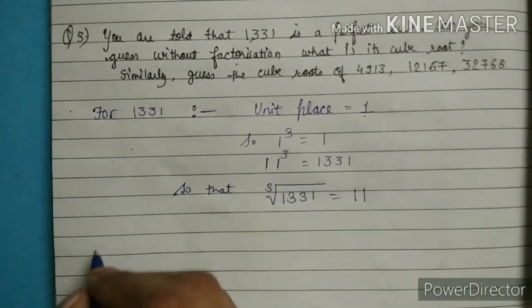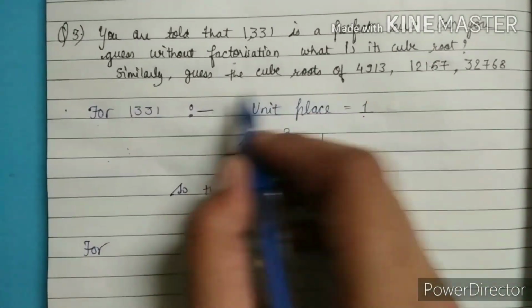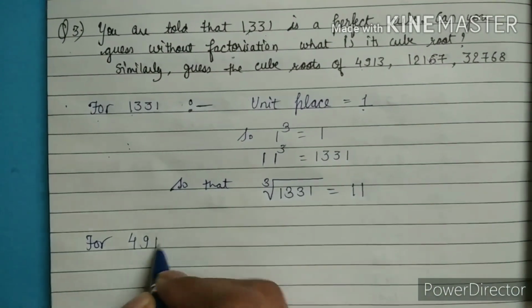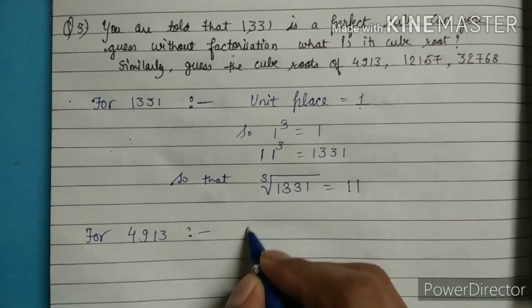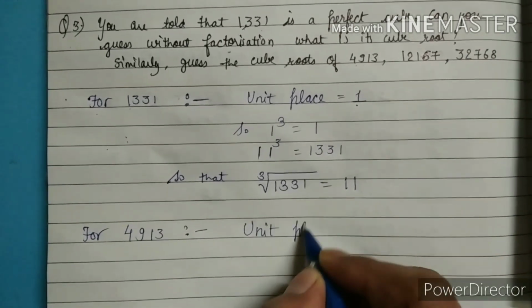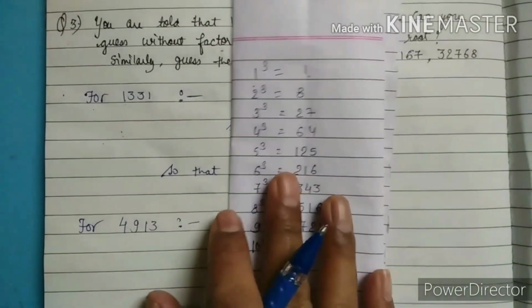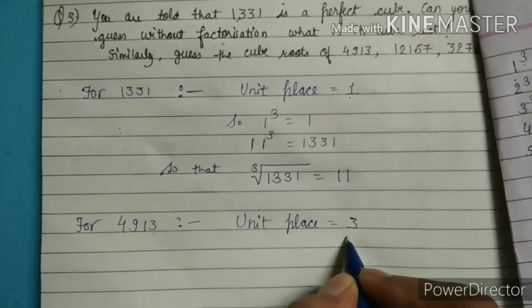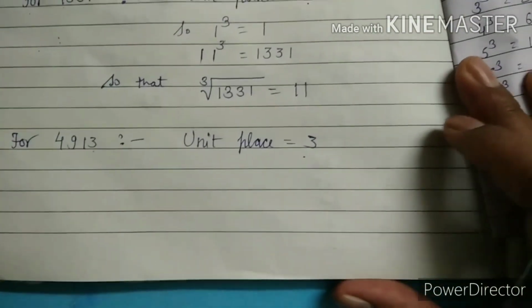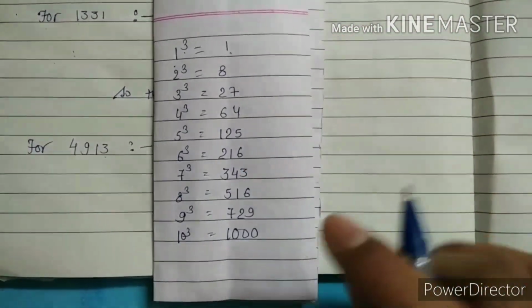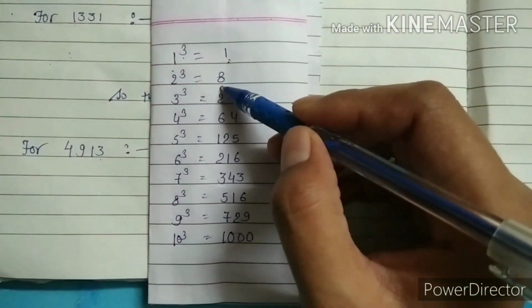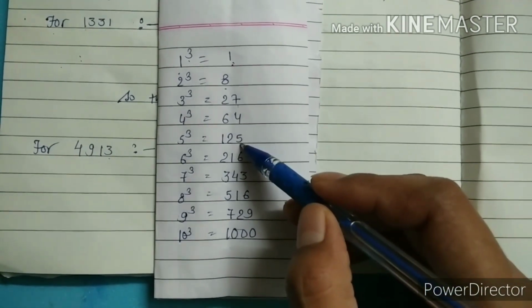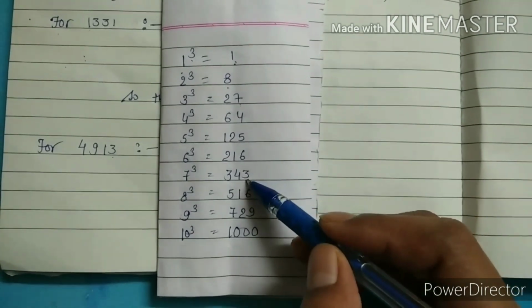Now the next number is 4913. In this again we have the unit place as 3. So in whose cube do we have the unit place as 3? 1 has 1, 2 has 8, 3 has 7, 4 has 4, 5 has 5, 6 has 6, 7 has 3.